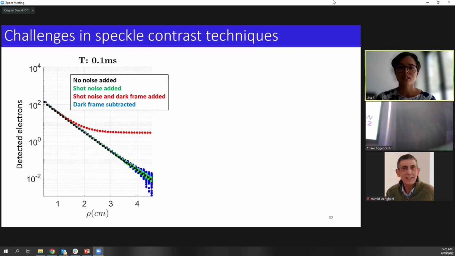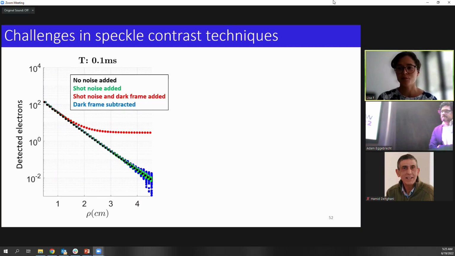Since we're measuring just the histogram of speckle intensity, what happens is that our detector cameras have associated noise with them, and this noise also has an associated probability distribution, and that will affect therefore your measured speckle contrast values.